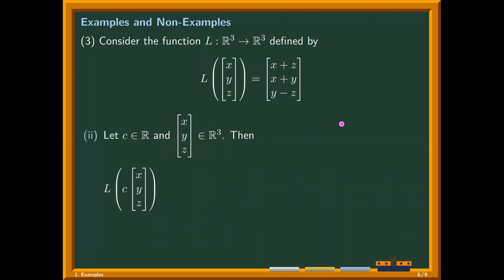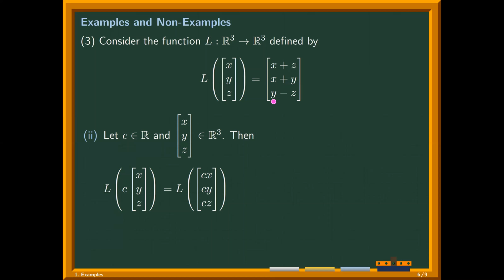Continuing, let's see if the second condition is satisfied as well. So take an arbitrary scalar c and an arbitrary vector in the domain, then compute L of c times x, y, z. By definition of scalar multiplication in the domain, this is just L of the 3 vector cx, cy, cz.